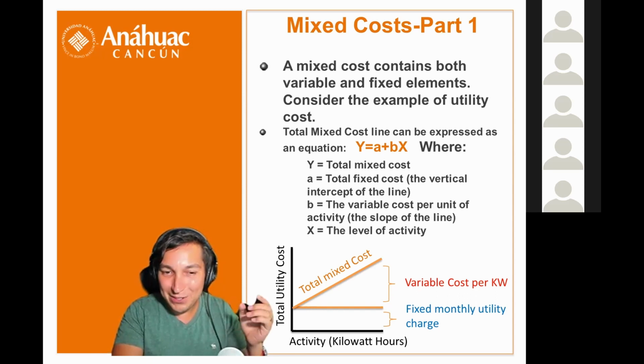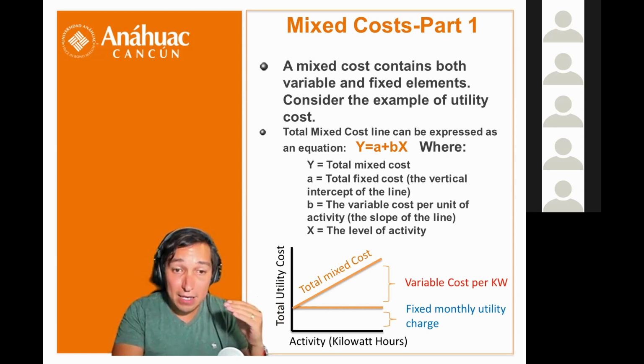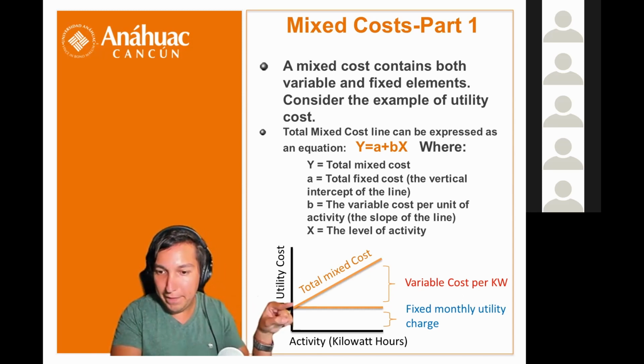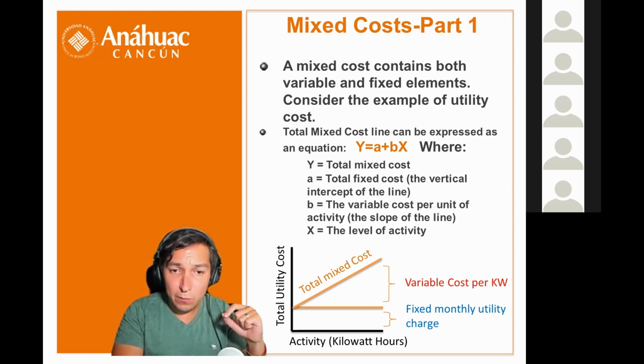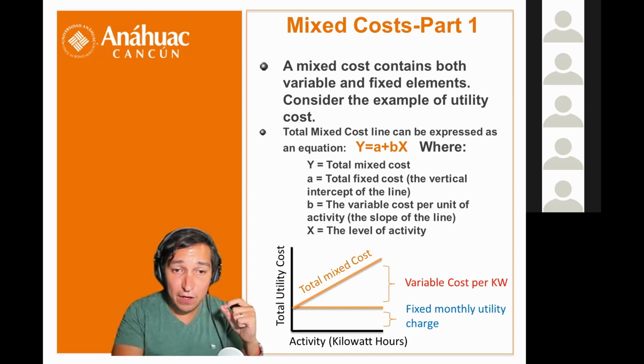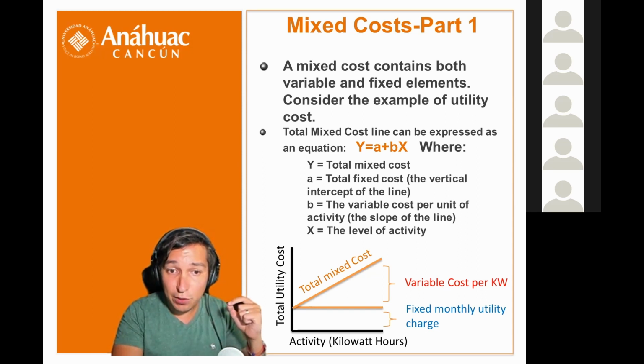What those letters represent: y is on the y-axis, and that's our total mixed cost, and a is the total fixed cost, which is the vertical intercept on the y-axis at this point here. That's where the fixed cost intersects the y-axis, and that's our fixed component. Then b is the variable cost per unit, and we're going to multiply it by the level of activity, which is x.